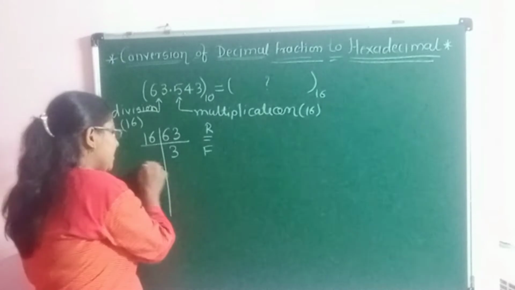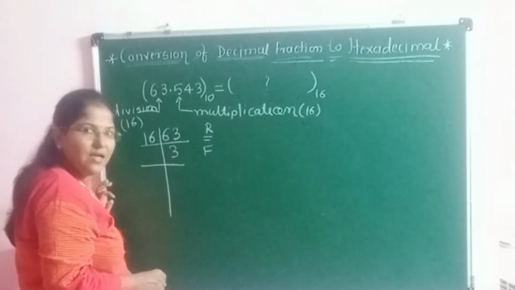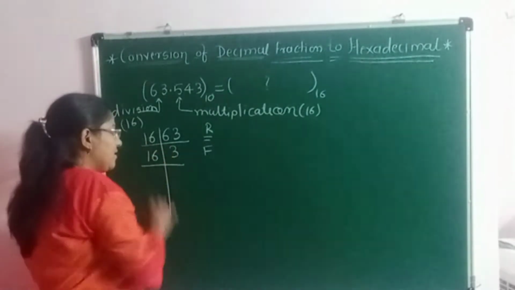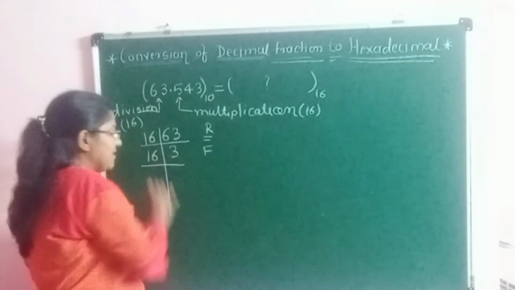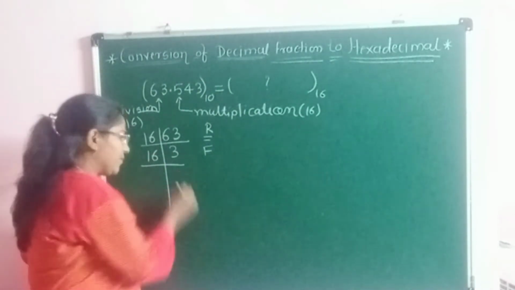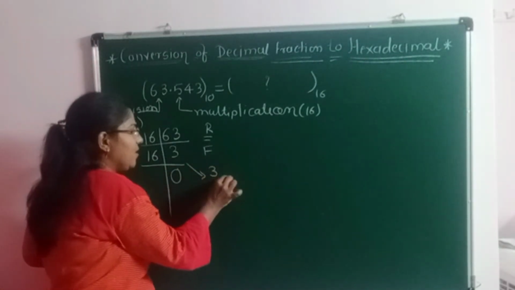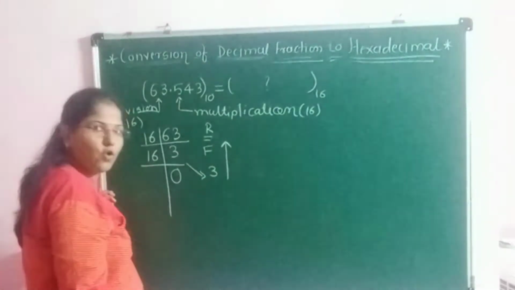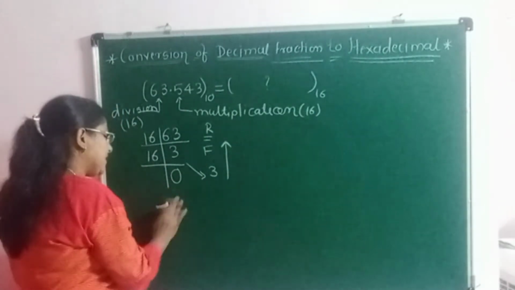Okay. Now next, the quotient is not 0, so again continue the process of dividing by 16. Now you can see the quotient is 3, and the divisor is 16. This is smaller than 16, so we cannot divide. So write the quotient 0 and take this 3 as it is in the remainder column, and collect these remainders from bottom to top to write the equivalent hexadecimal number.